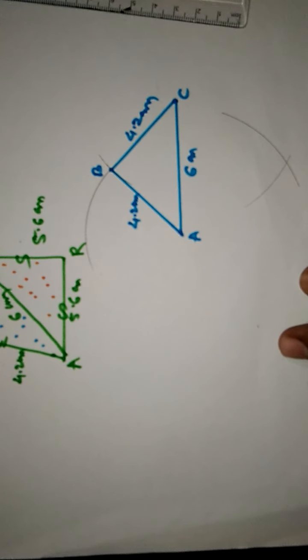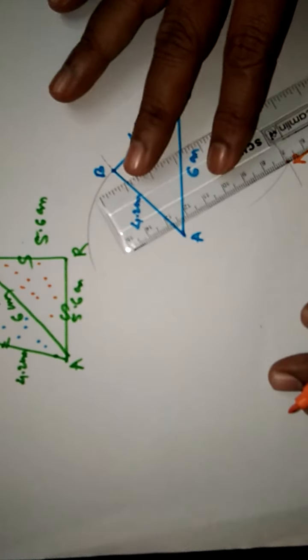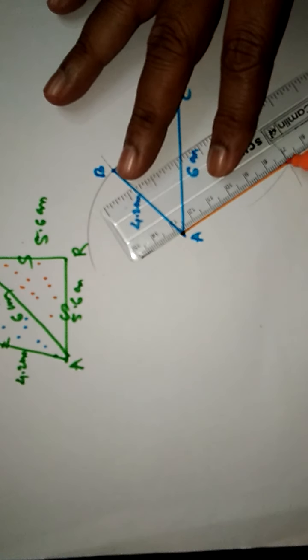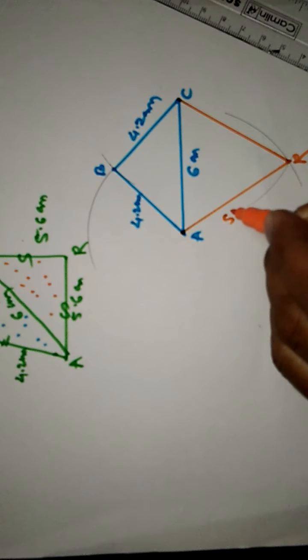Where it intersects, name that point R. And join points A and R, and C and R. This is 5.6 centimeters, this is 5.6 centimeters. These are congruent. This is quadrilateral BARC. And then solve example number 6 the same as example number 5.